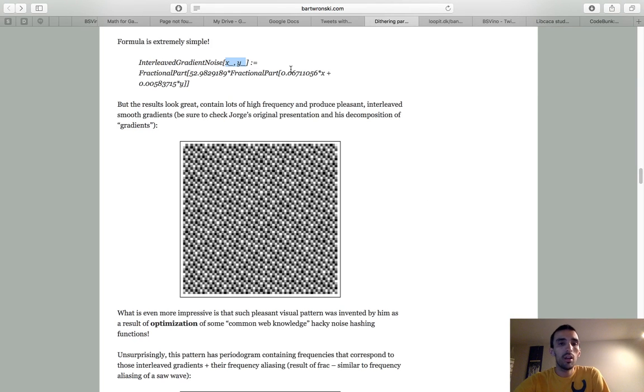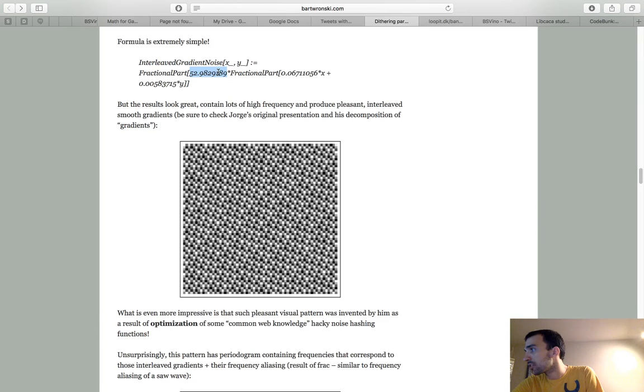So pretend that this is the U and V coordinate of a texture, and then you multiply the x by this and the y by that. You do the dot product with this silly vector. Take the fractional part of that, multiply it by a big number, take the fractional part of that, and then he chose these constants very carefully.